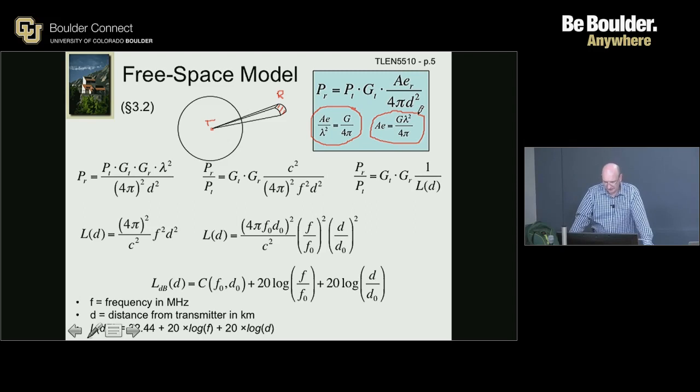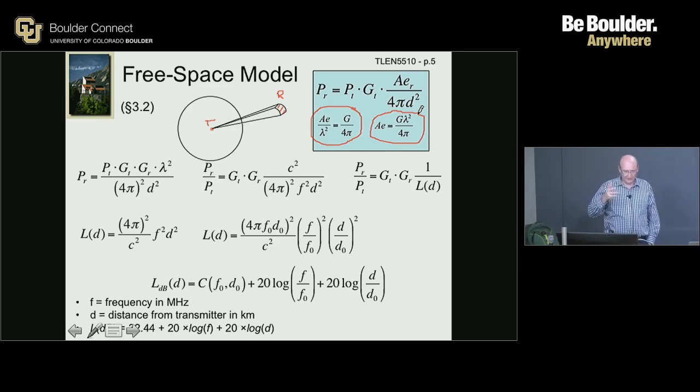If you plug that in there, solve for A_E, you get that little expression: P received equals P transmitted times the gain of the transmit antenna times the gain of the receive antenna times lambda squared over 4 pi d, everything squared.